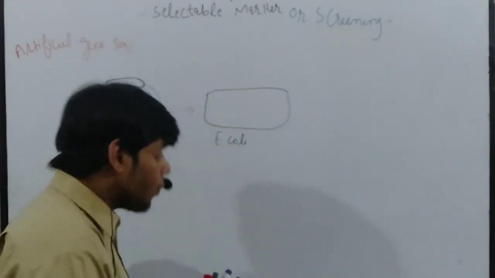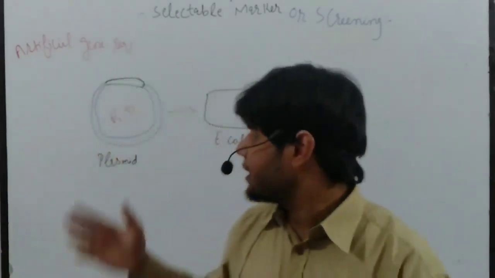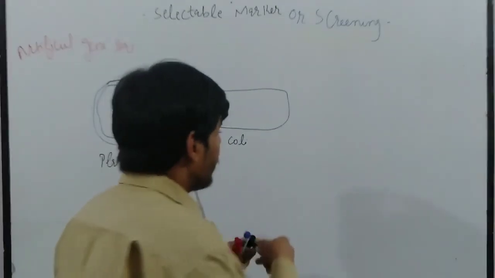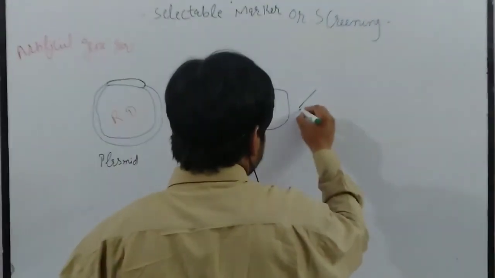Once the bacterial cell gets the recombinant DNA, this cell will start dividing.